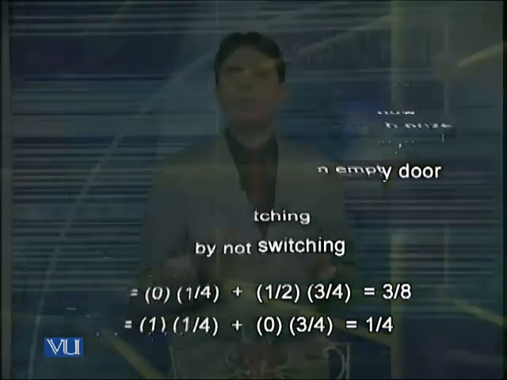By the way, if we have more than 4 doors, like 10 or 12 or 15 doors, then the difference between the probabilities of winning by switching and not switching becomes smaller. But in any case, the probability of winning with switching is always higher than the probability of winning without switching.